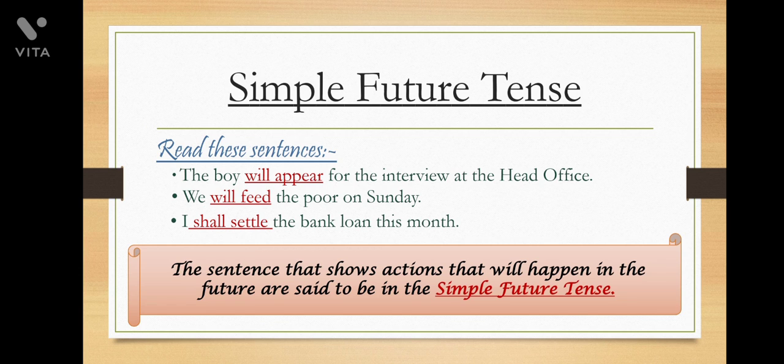The boy will appear for the interview at the head office. Yani abhi aaya nahi, is going to appear. We will feed the poor on Sunday. Like abhi tak khilaya nahi hai, but we are going to feed the poor. We will be feeding them on Sunday. I shall settle the bank loan this month.